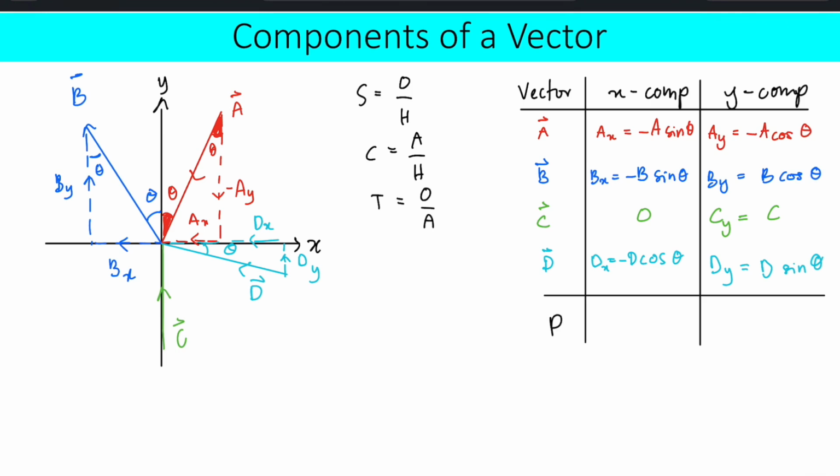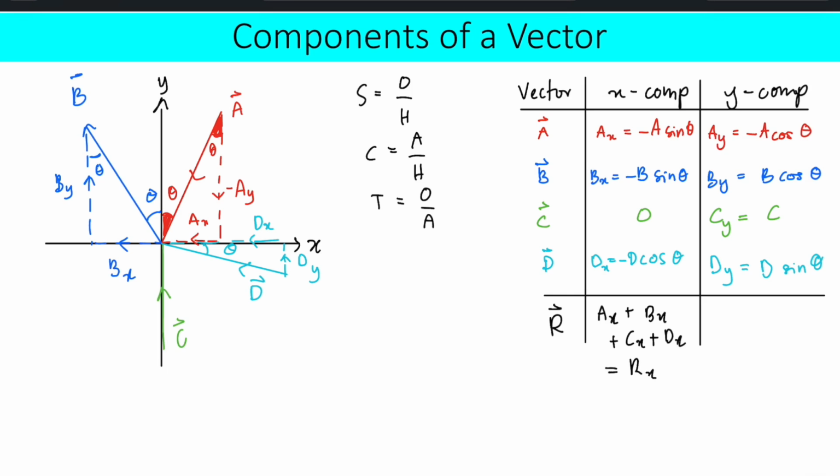Now, we are going to determine the resultant, the product of the addition of all components. For the x component of the resultant, we have to do the summation of Ax plus Bx plus Cx plus Dx.